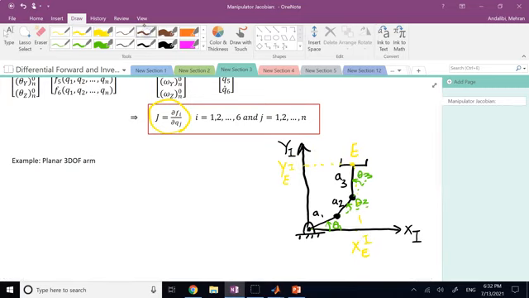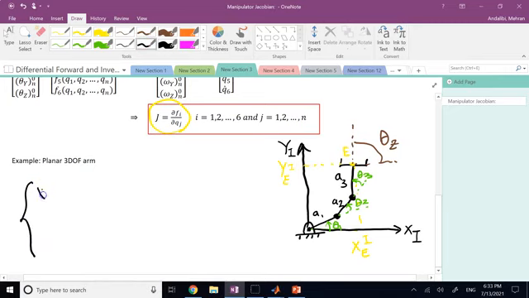If we call this angle here psi, or you might call it theta z, for example. If I want to write that theta z and x and y as a function of the 3 joint variables, what do I have?